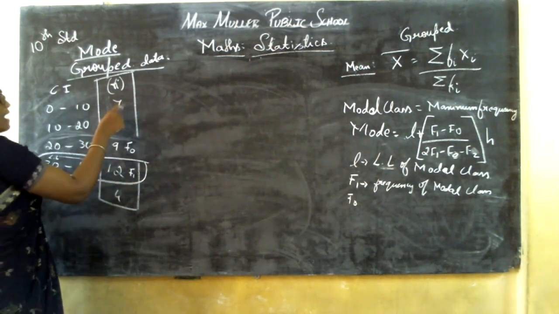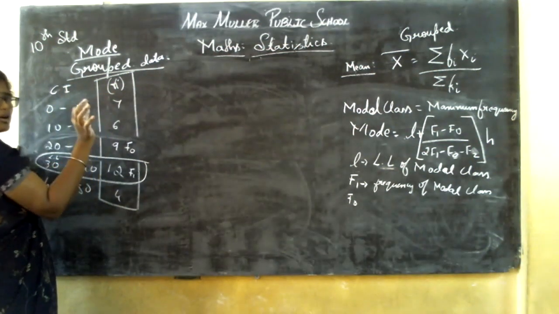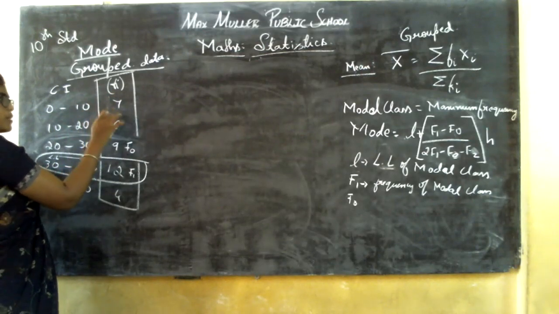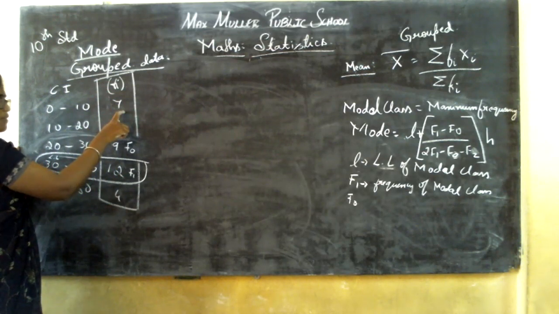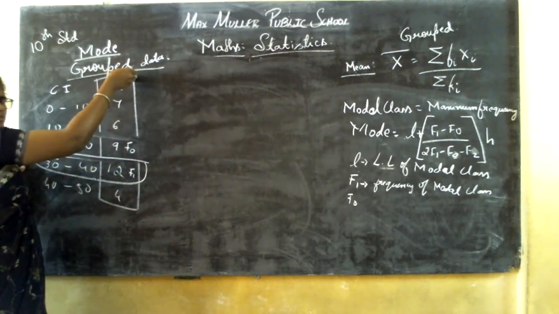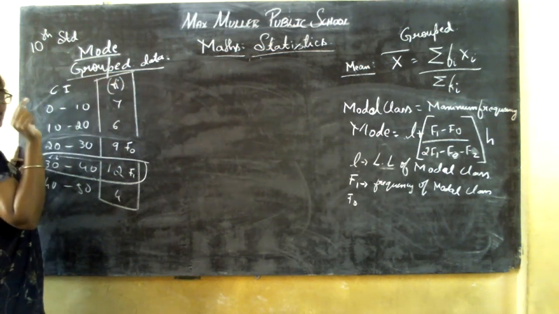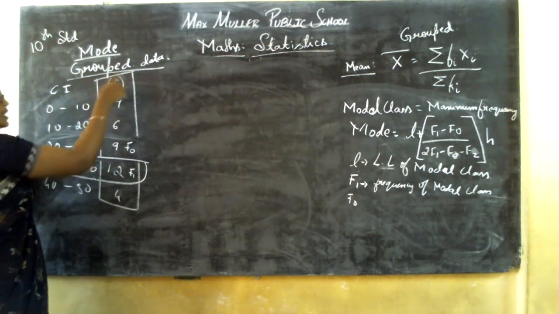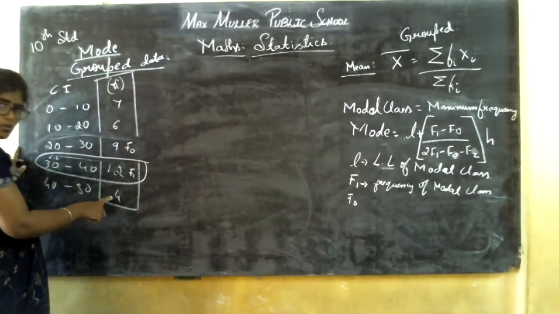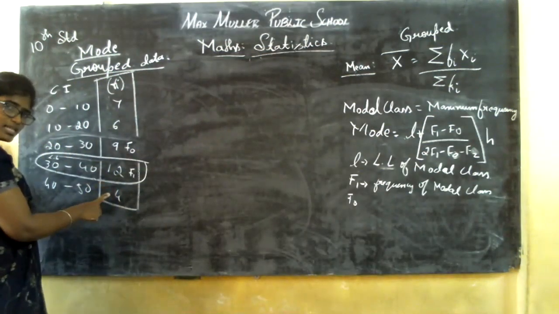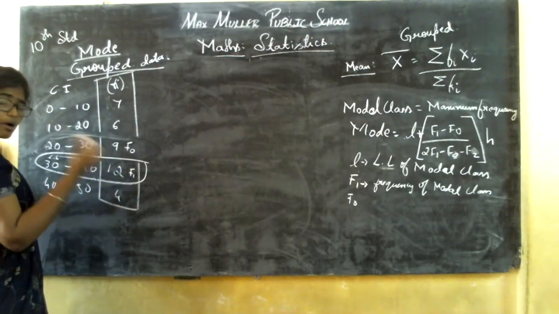If this was 17 and this was the highest frequency you have in the given tabular column, you are going to choose this as the model frequency. Now you do not have the F0 value. What will you do at that time? You are going to take it as 0. If this was 14 and this is the highest frequency you have and you have chosen this as the model class, you do not have the number above. At that time, you are going to take it as 0.